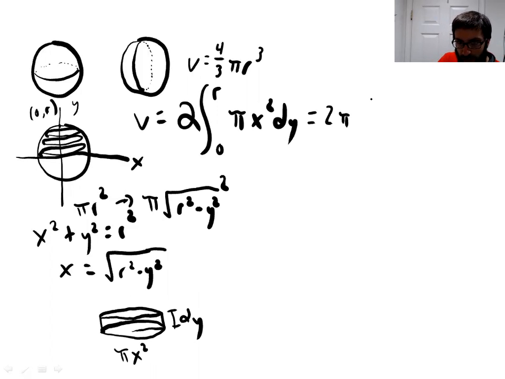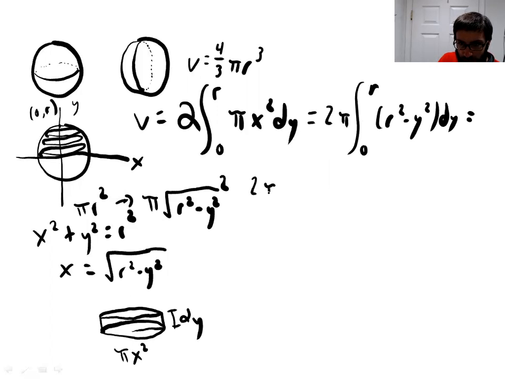So now let's just plug in what we already calculated. X squared would be, I put the pi out of the integral because it's a constant, and so we're going to have r squared minus y squared dy. At this point, it just becomes simplifying this expression.